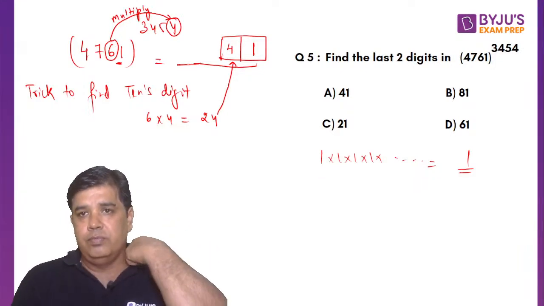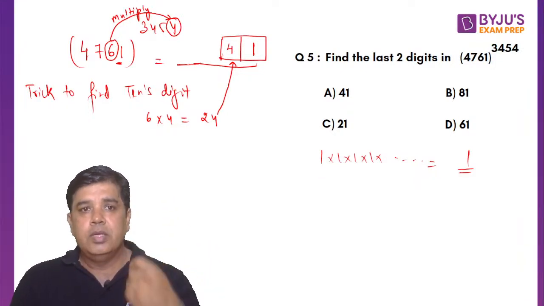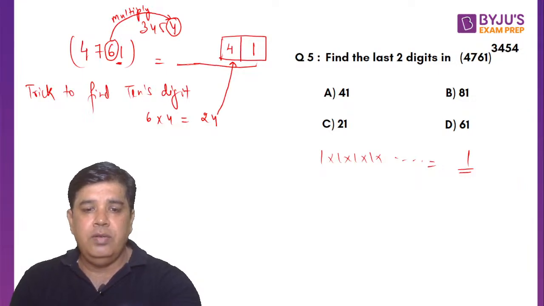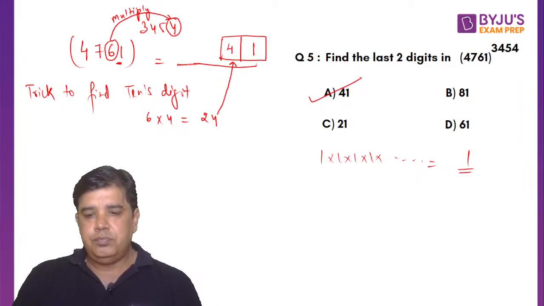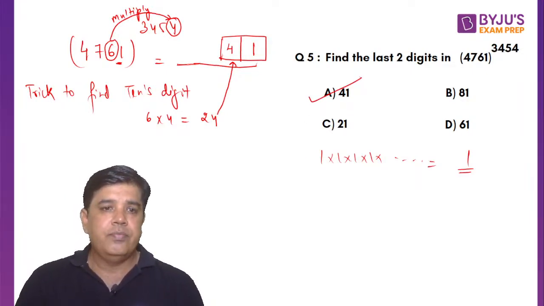Now you have the rule. Is this okay with everyone? Any doubt till now in any question? So the last two digits are 41. Clear?